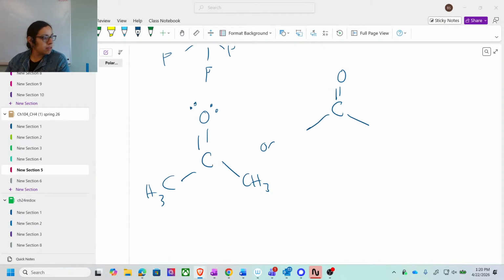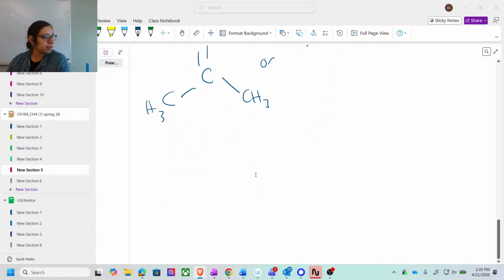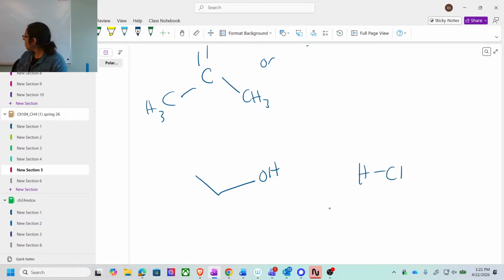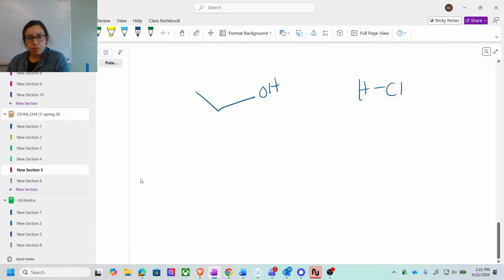All right, so what about this? We'll do this one and this one. So polar, non-polar for both of those. I'll throw one more on there. So PCl5. Again, polar, non-polar. Obviously, I didn't draw this one out, so you may have to.